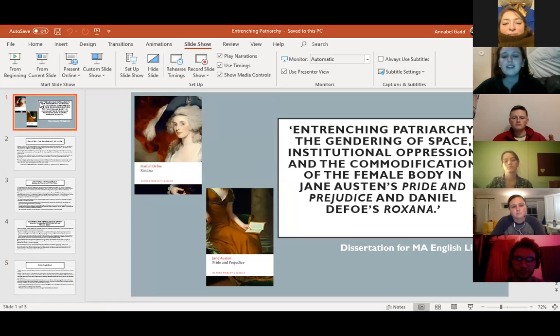So I thought it would be really interesting to look more specifically at novels written in slightly different timeframes and by authors of different genders, because it is very interesting to compare the position of a male conservative author and a maybe conservative, maybe radical female author, depending on how you look at it.